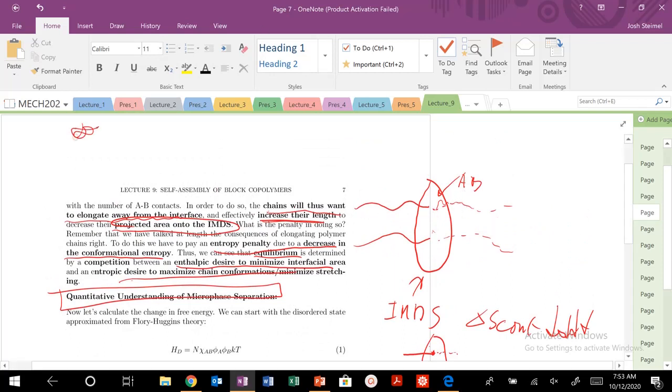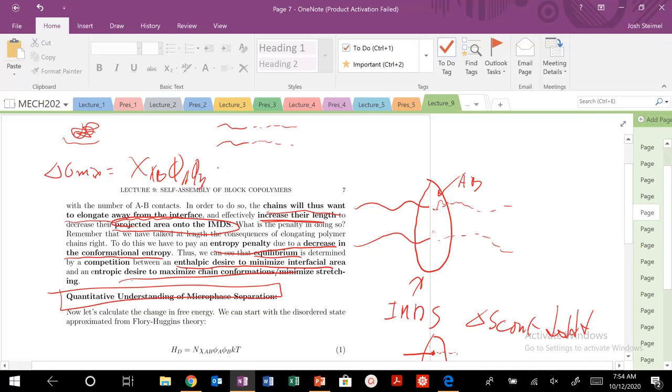So I have a disordered state here, and I have our phase separated state right here. In the disordered state, what do we have? Well, this is just like our Flory-Huggins theory, right? We have the delta G of mixing, which is equal to chi AB, fraction of A, fraction of B, et cetera, times kT.